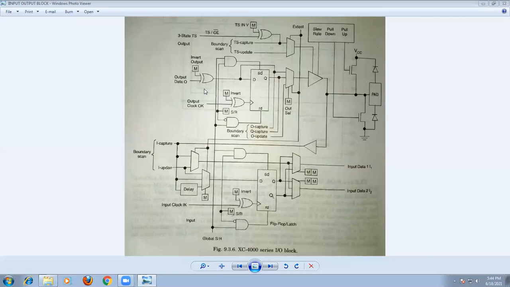Sometimes the output signal will be stored in the flip-flop as well. Sometimes we require the output signal to be stored in the flip-flop.